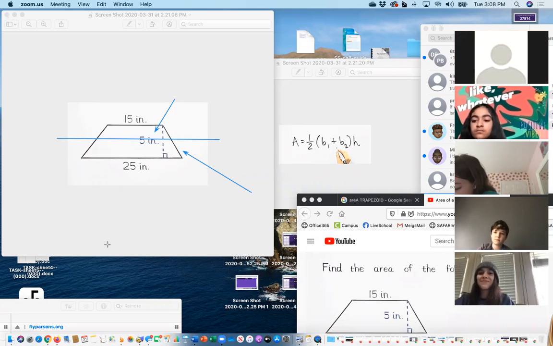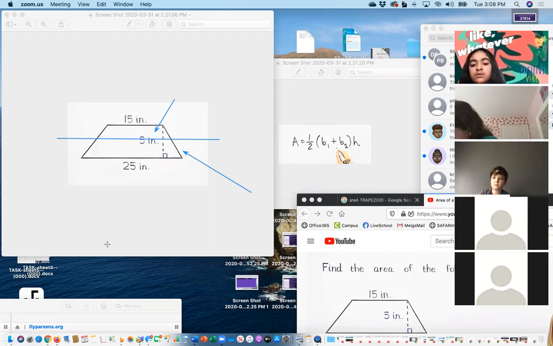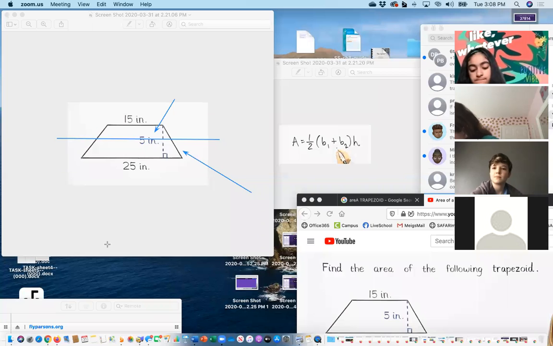Yes. Agree? All right. So now, would the correct answer to this be 40 times 2.5? Because wouldn't it now have a base of 40?